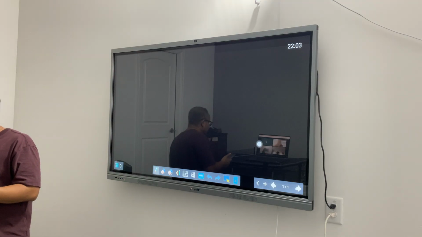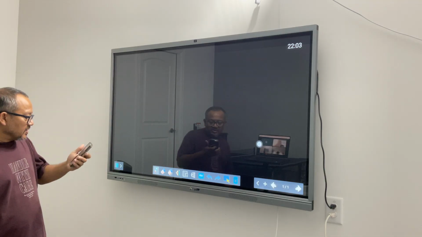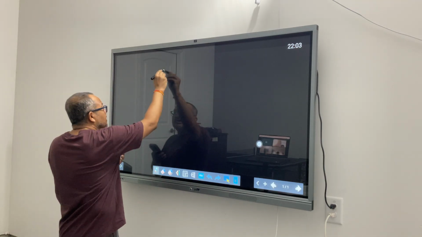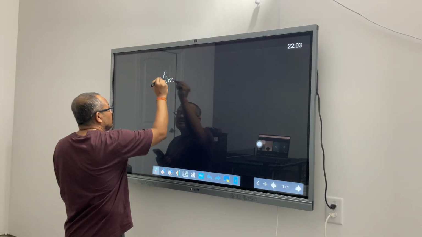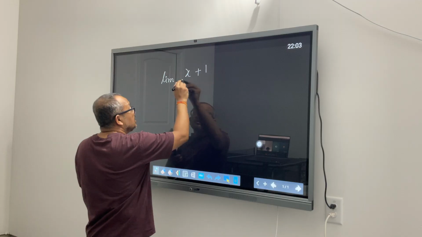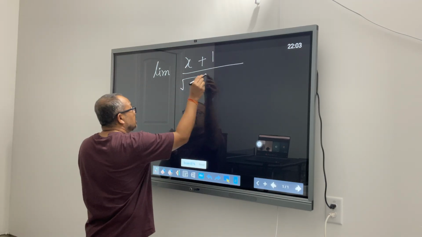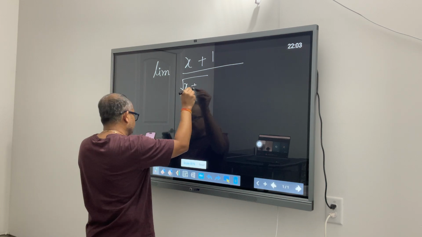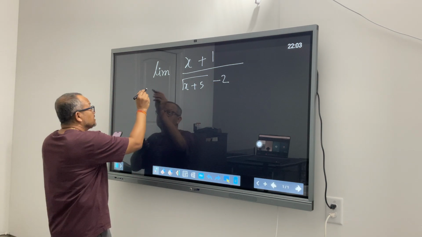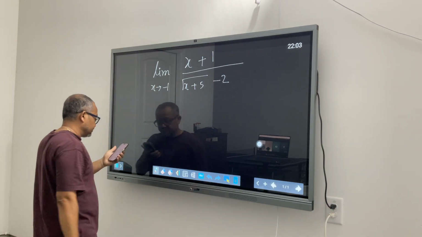Now let's look at some more interesting problems. This time we are going to find the limit of x plus 1 divided by square root of x plus 5 minus 2, when x is approaching minus 1.